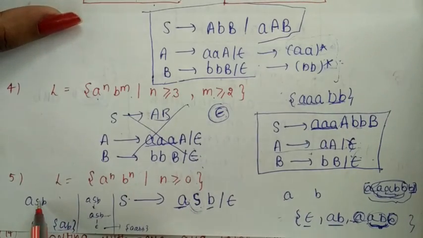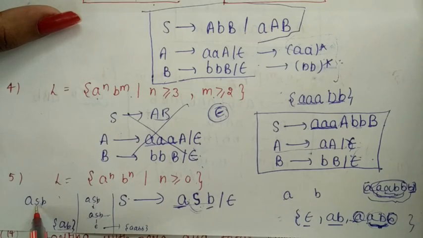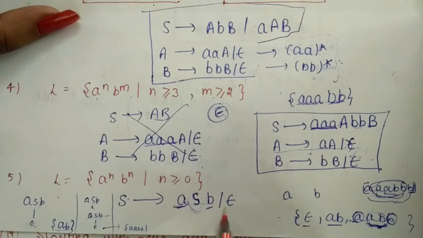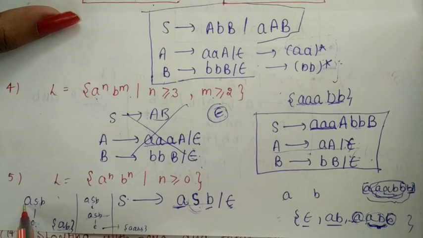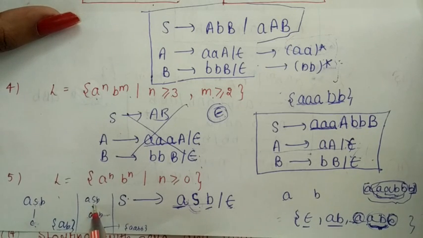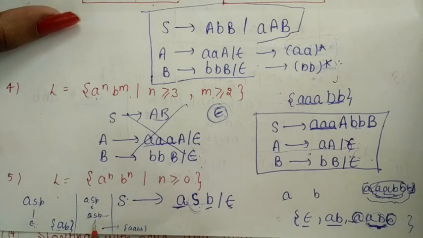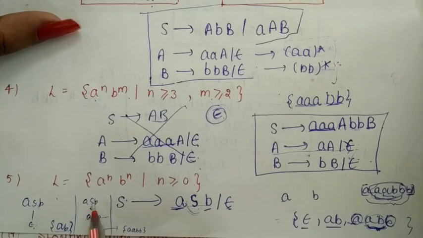Now I have taken this grammar, and for example I have taken the repetition in between. Suppose in the start I replace S by epsilon, then it will generate AB. Then the second time I replace it by ASB only, and after that by epsilon, so it will generate AA and BB.